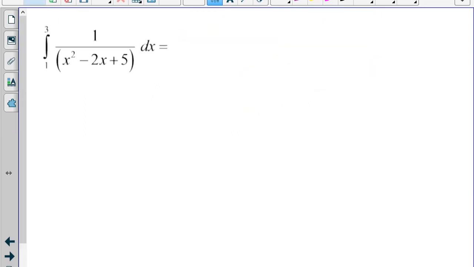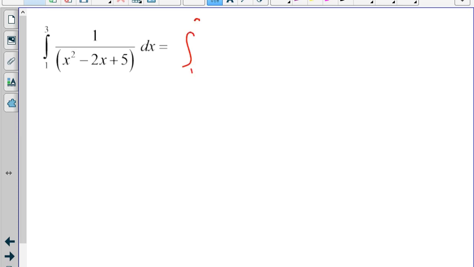Finally, I have a definite integral of this particular problem. This one, I have an x squared in the denominator and a 1 in the numerator, so I'm thinking arctangent. I'm going to try and complete the square. If that doesn't work, then we have to deal with some crazy natural logs, so hopefully this is going to end up working out.